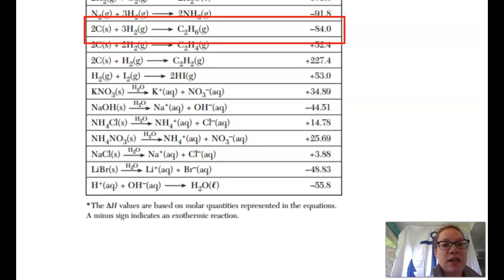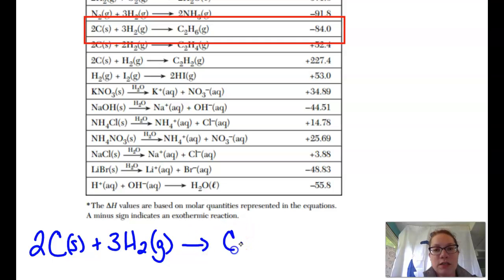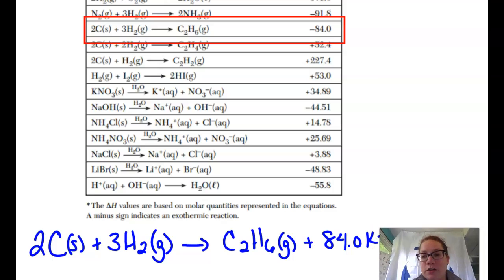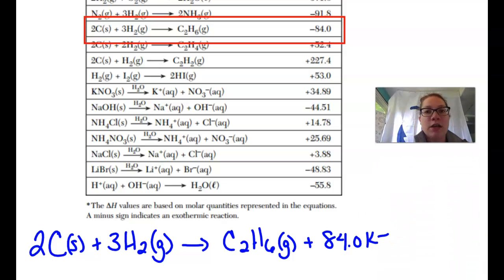That means I'm going to write this reaction as 2C solid plus 3H2 gas yields C2H6 gas plus 84.0 kilojoules.